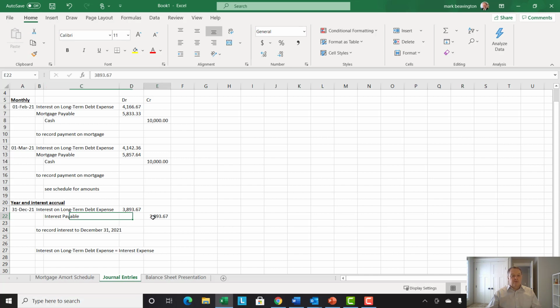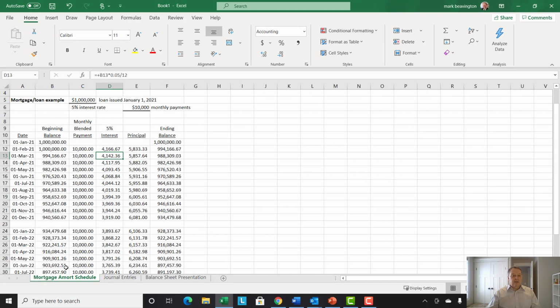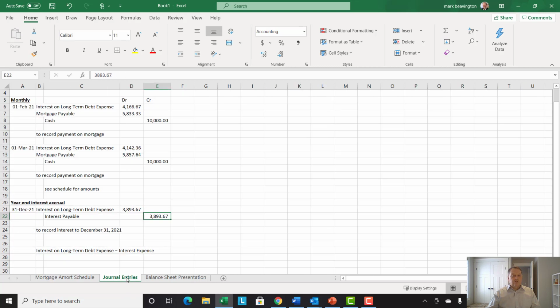But on December 31st, we owe one month's worth of interest, which is basically the interest paid on the January 1st, 2022 payment. And if we look here, January 1st, 2022, the amount of interest to pay is $3,893.67. So we should have $3,893.67 in interest payable. And that's interest expense, or interest on long-term debt expense. That's where we put the debit on this side.